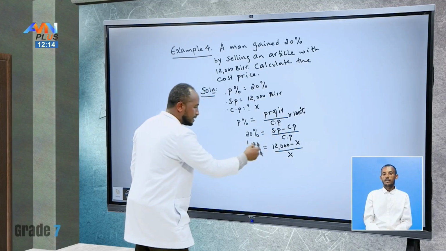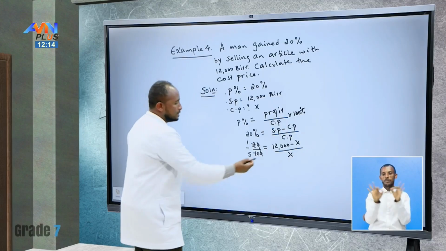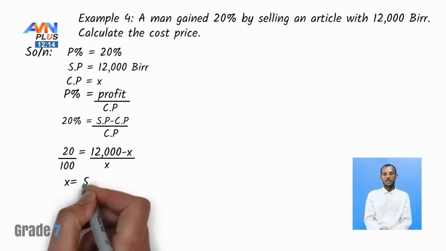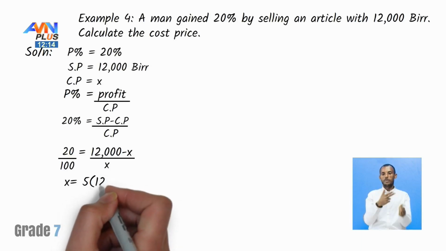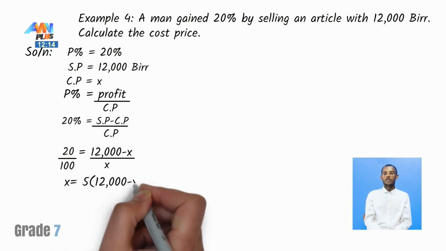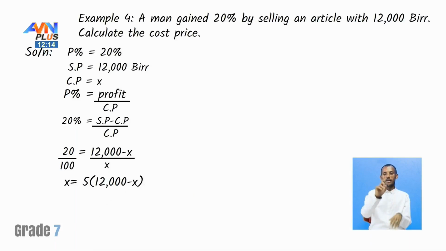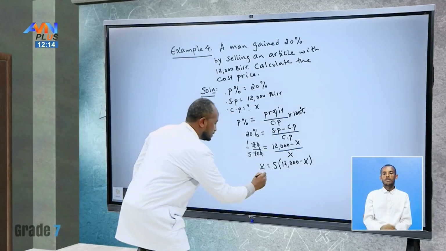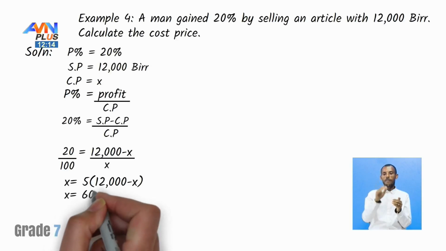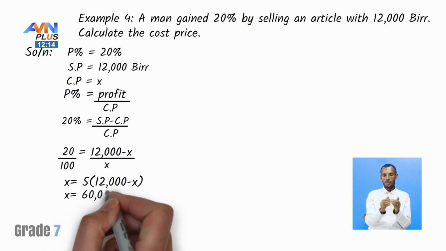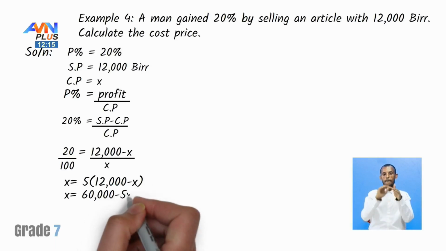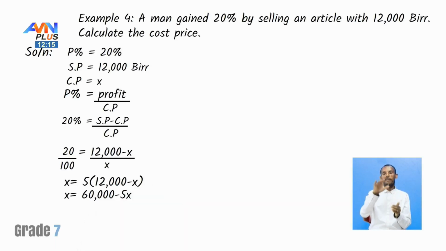And then let's apply cross multiplication. x times 1 is x, and 5 times 12,000 minus x. So x is equal to 5 times 12 is 60. Therefore, you have 60,000 minus 5 times x, which is 5x.